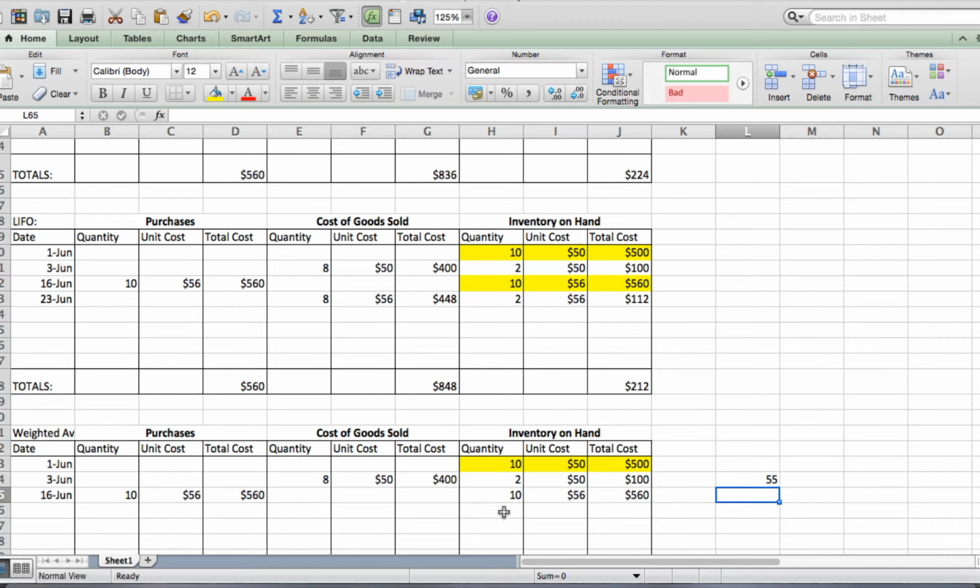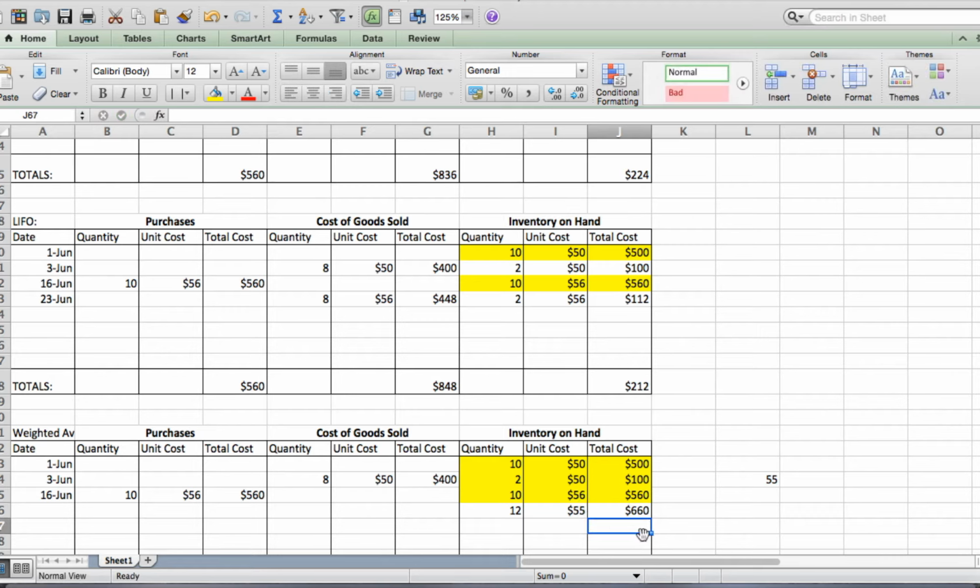So what I'm going to do is highlight these 2 out, to show that that's not the relevant amount anymore. I want to show 12 units each with an average cost of $55, totaling to $660.